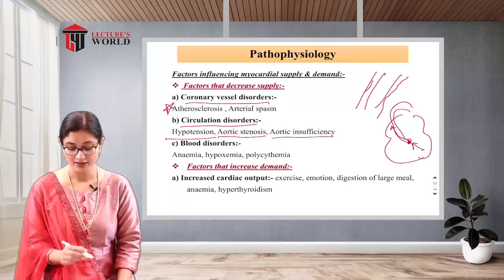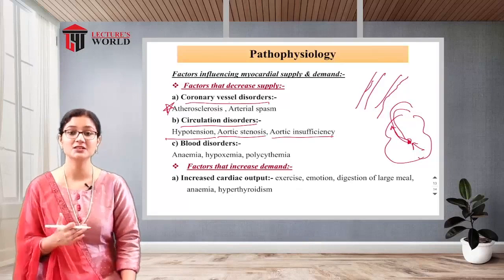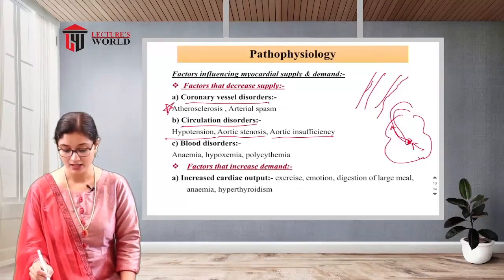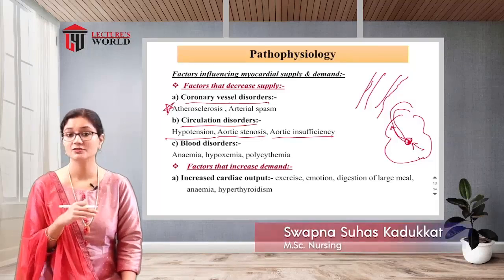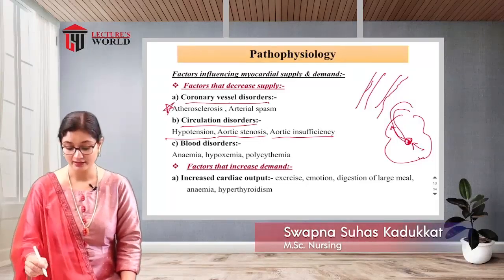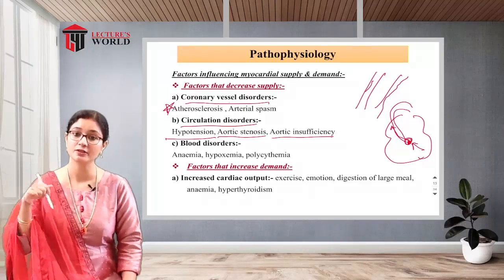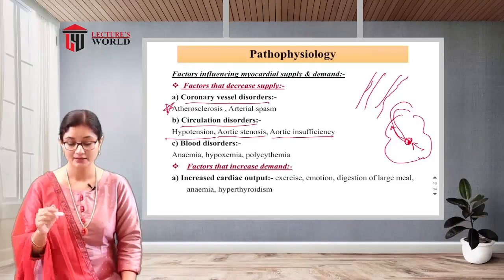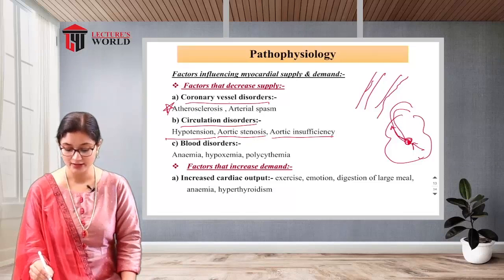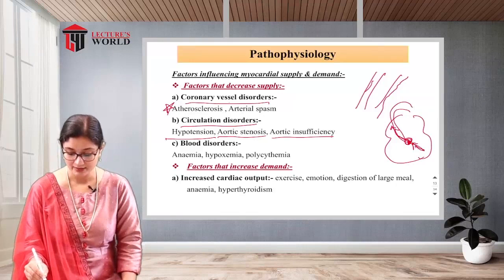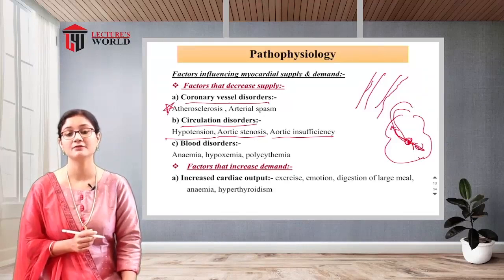What do you mean by aortic insufficiency? That is regurgitation. Regurgitation means what? Your aortic valve is not functioning properly. Ideally the valve has a function of letting blood flow in only one direction, but here, instead of it going in this direction, because it is not functioning properly, the blood is coming back into the left ventricle.